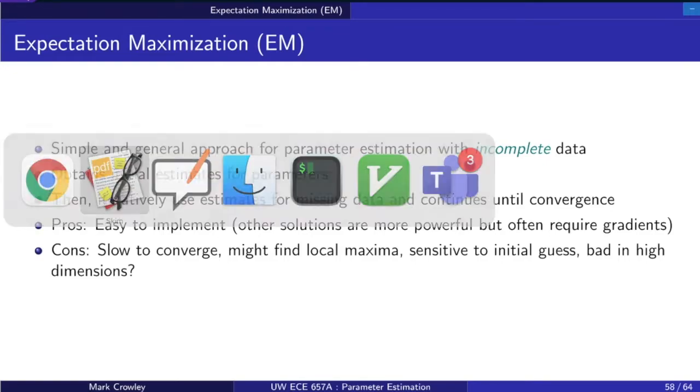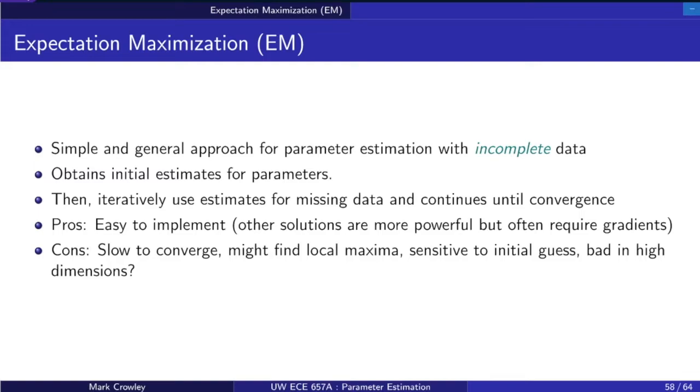So anything that works like that is probably going to have to be a bit more iterative, something that tries out a certain value and then moves around. Expectation maximization is one way to do that in this parameter estimation approach. EM in general is a much more general method, so it can come up in many ways, and you'll see in a minute because the algorithm is very simple. It's more of a meta algorithm, because it can be anything as long as you follow these two steps, right?